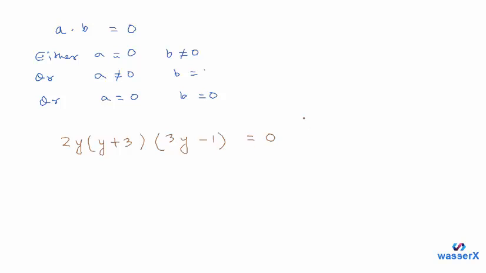Or in other words, solve for y in this equation, or in other words, find the roots of the equation. They all mean the same thing. Finding the roots means solving for the unknown.